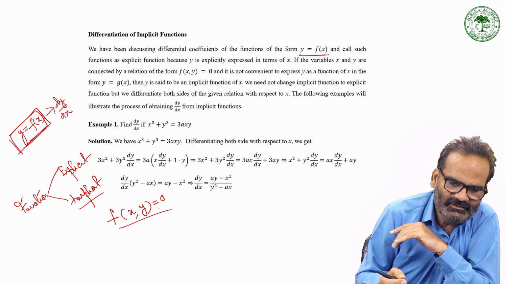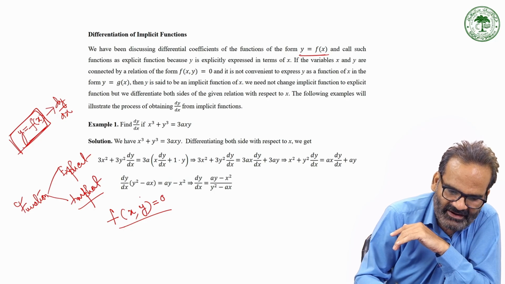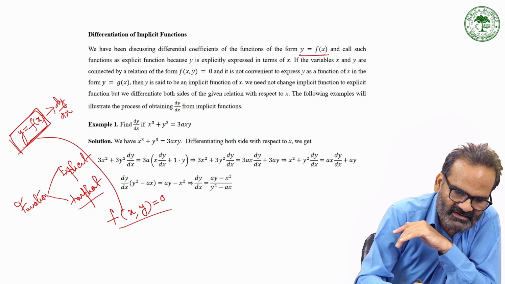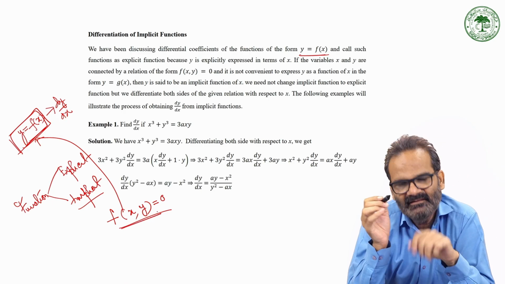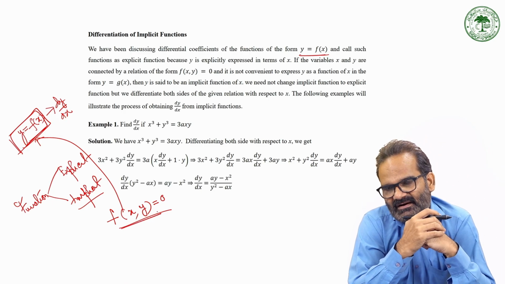In other words, if you cannot obtain y equals f(x) from this function, then it is called an implicit function.